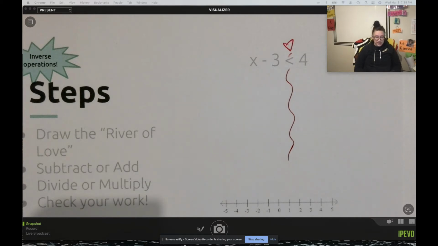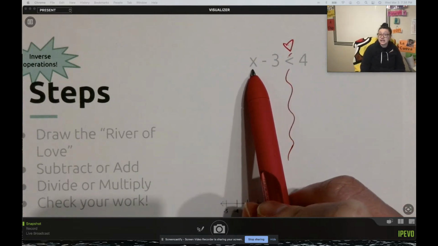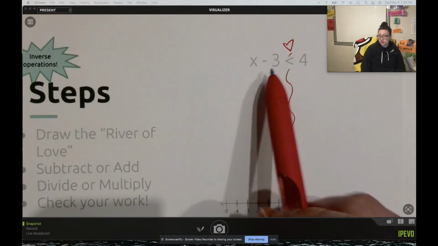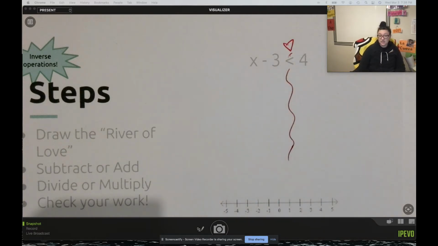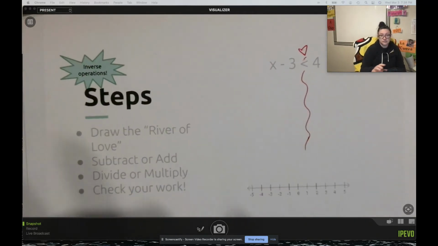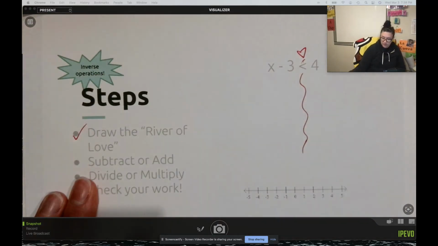Go through, do my sad Meg. I see I've got that x. I'm trying to isolate it, get it by itself. So I need to get rid of my constant, that -3. What's the inverse of -3? Adding 3 to both sides. Draw my river of love.